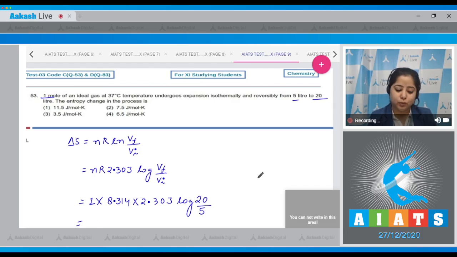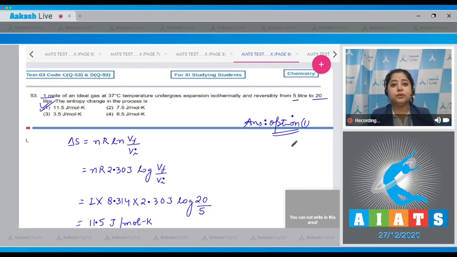I have already calculated and the value is 11.5 joule per mole per Kelvin. That means the correct answer is option number 1. Here I'm writing, answer is option number 1. Moving to next question, which is question number 54.